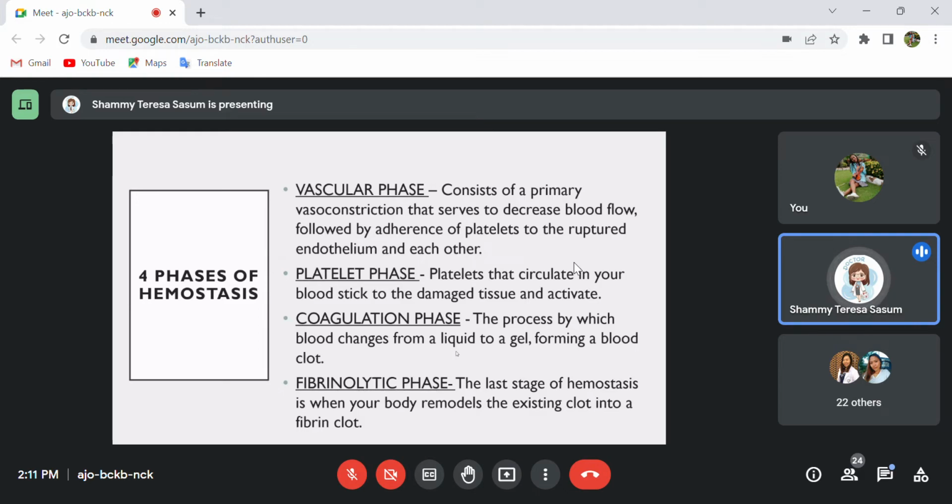In this phase, platelets that circulate in the blood stick to the damaged tissue and activate. Coagulation phase. Blood changes from a liquid to a gel, forming a fibrin clot. Fibrinolytic phase. This is the last phase, in which the existing clot is broken down.